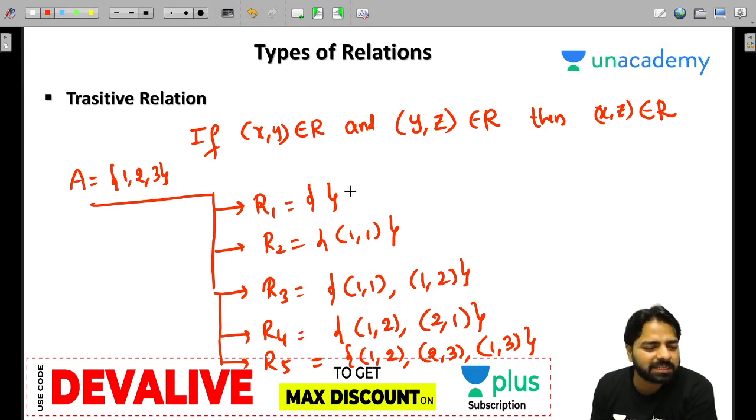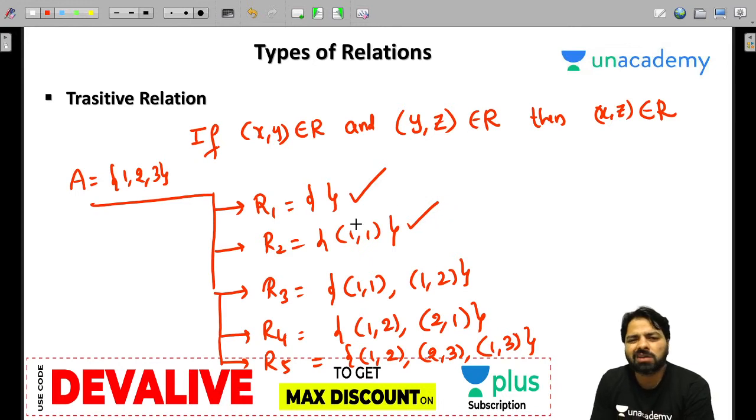First one, empty set. Yes, because there is no x comma y comma z, no need to look at x comma z. Only one element, always transitive relation. If a relation has only one pair, it is always transitive, no doubt. And also, if a relation has two pairs, one of the elements is diagonal, the other is non-diagonal, that is always transitive, no matter what is given to you.